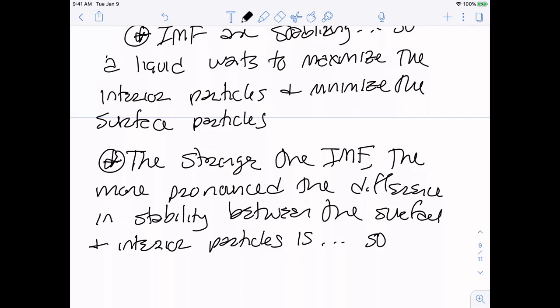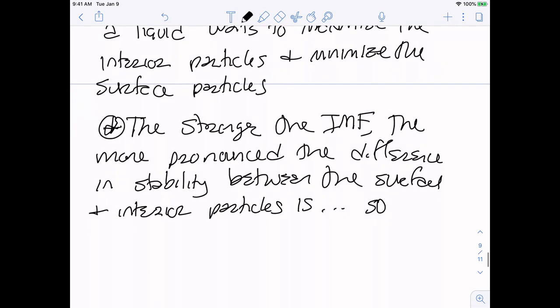So, more resistance to spreading it out, higher surface tension. So the stronger the intermolecular forces, the more pronounced the difference in stability between the surface and interior particles, so higher surface tension.